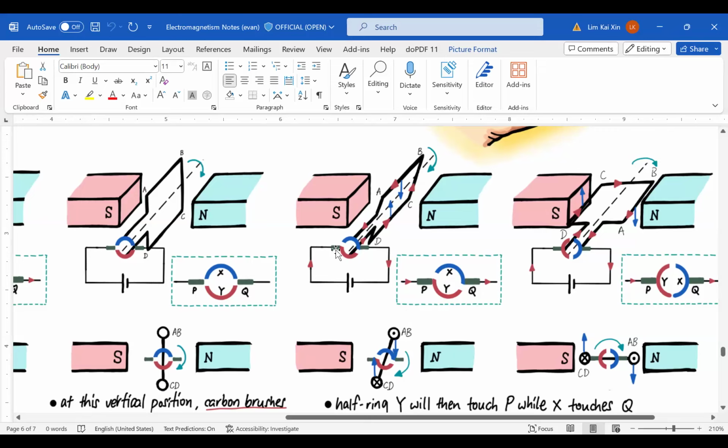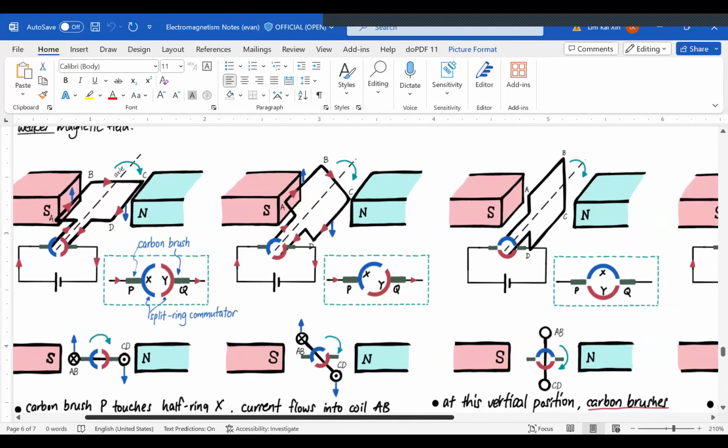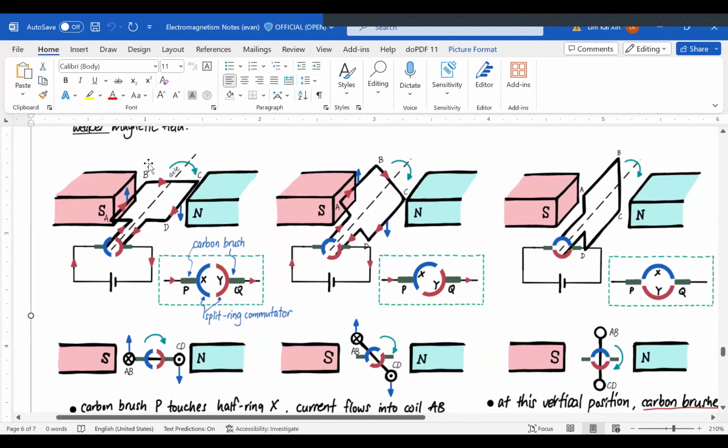If you are able to observe, the current now flows from DC to BA. Just now the current was flowing in this direction, AB to CD. But now because the coil has switched over, but my direction of current doesn't change over here, it is still into the paper on this side, but this side is no longer AB, it has become DC.